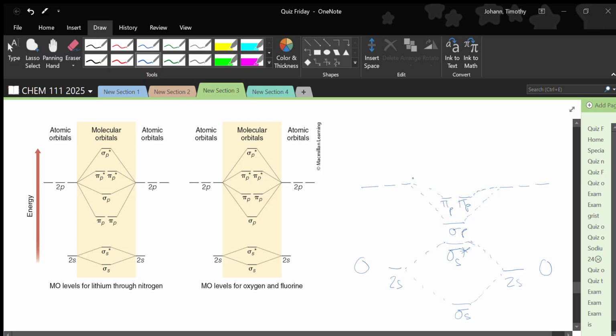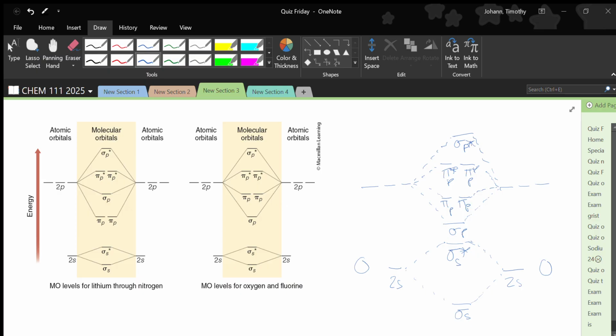Those are also bonding. Pi, pi, and then our sigma. Note that my sigma here, if it's really stable, its anti-bonding partner is really unstable.